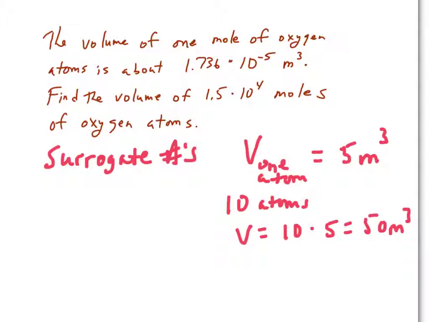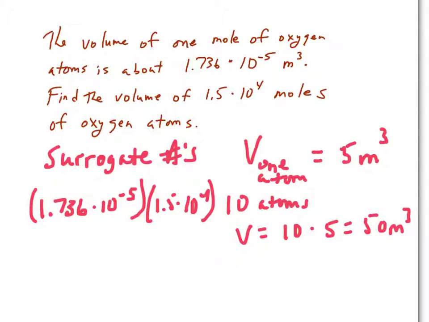So we're going to multiply 1.736 times 10 to the negative fifth times 1.5 times 10 to the fourth. All right. So in terms of doing this multiplication, what we can realize here is that you just really have 4 numbers.